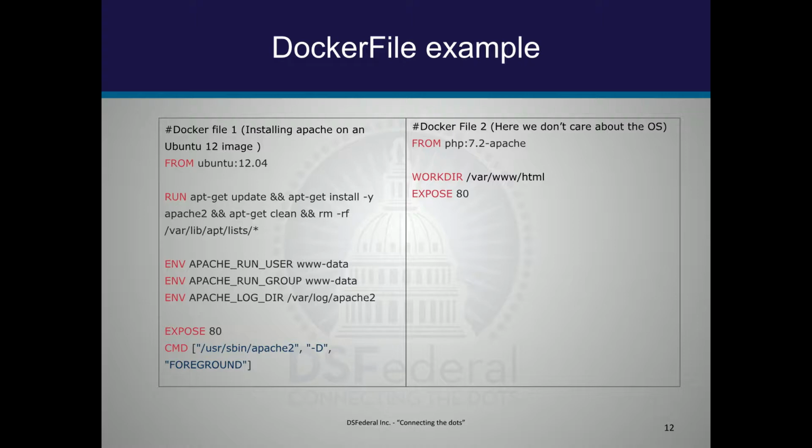But on the right side, you can see we are inheriting a Docker image created by contributors or users who contributed to Docker Hub. We are just pulling it from PHP 7.2 Apache, and setting our work directory as HTML, or we can set it to anything. And then we are exposing port 80 for our purposes.